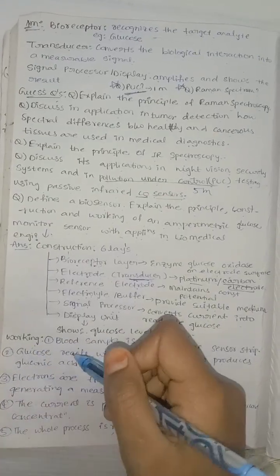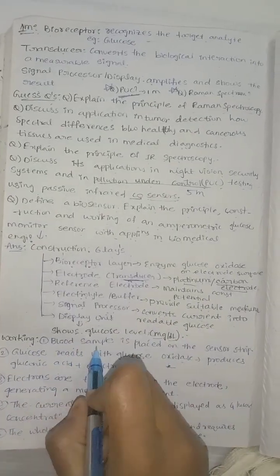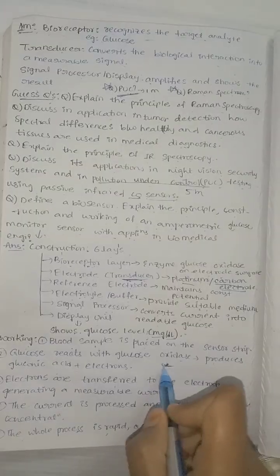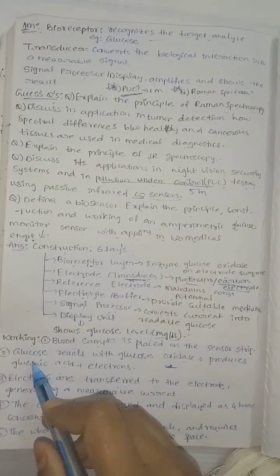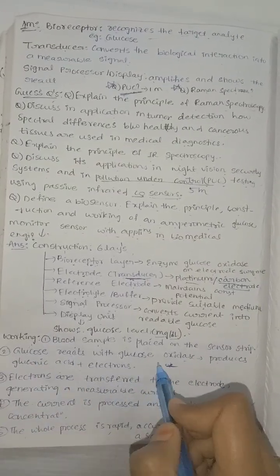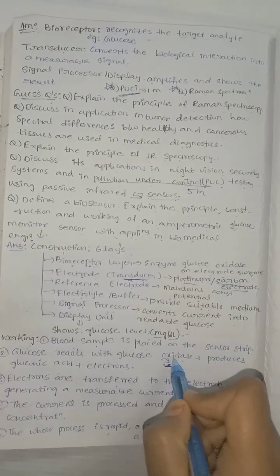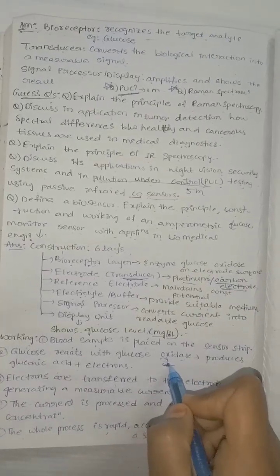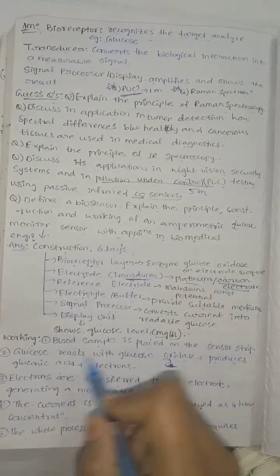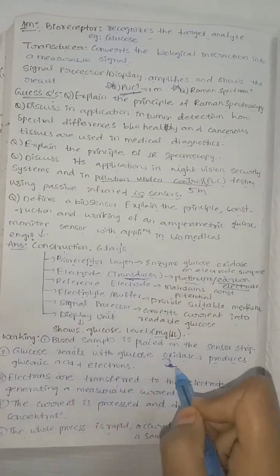Working consists of 5 steps. A blood sample is taken and placed in the sensor strip. Glucose reacts with glucose oxidase, reacting with oxygen, and produces gluconic acid plus electrons.